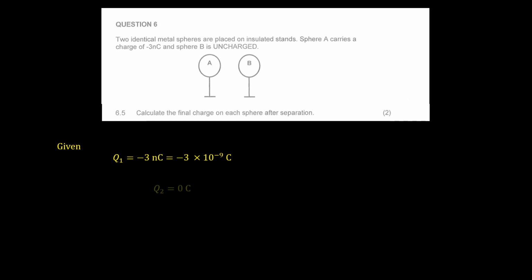The initial charge on sphere B, which we can call Q2, is equal to 0 coulombs, because they said that initially sphere B is uncharged, meaning it is neutral. So we need to determine Q. We need to find the final charge on each sphere after touching, and that will be given by Q in coulombs.